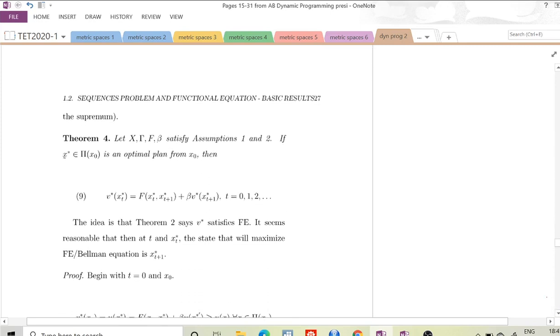So the next theorem has something to do with an optimal plan. So I need to define what an optimal plan is.